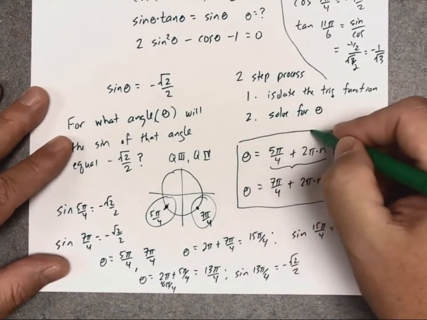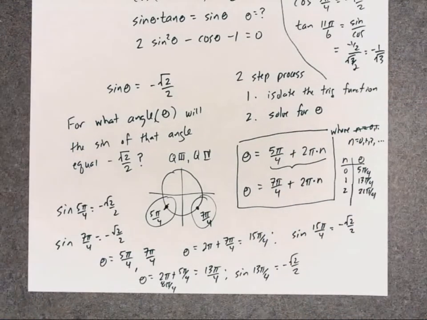All right, so that explains the idea of solving these trig equations. You're going to go find the angle or angles of your solutions, but then you have to realize that there's actually an infinite number of angles.